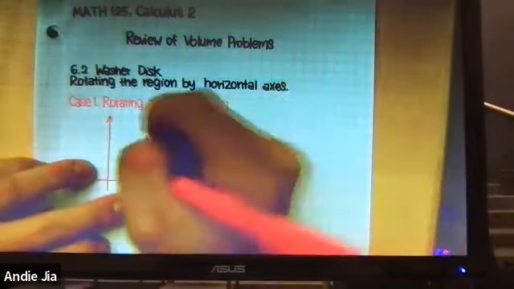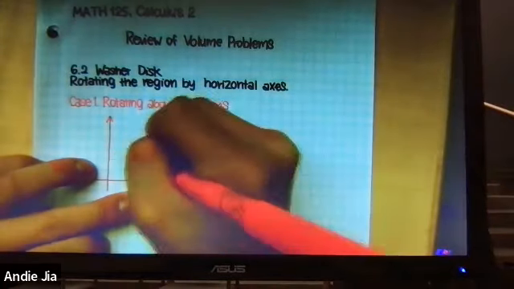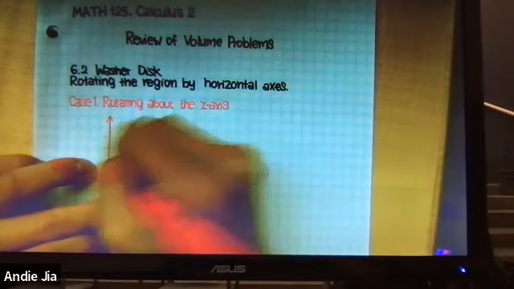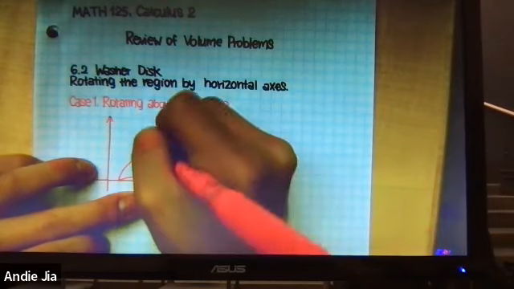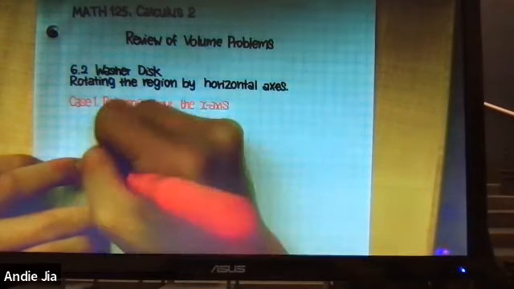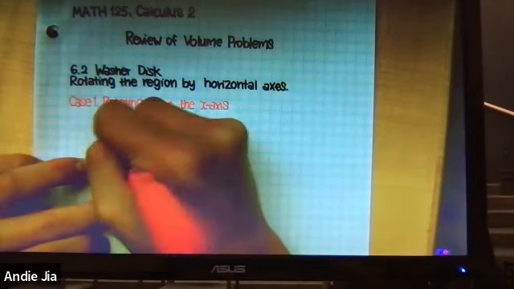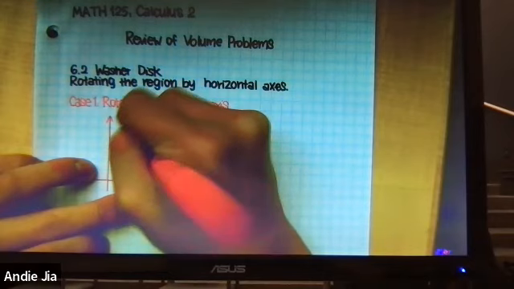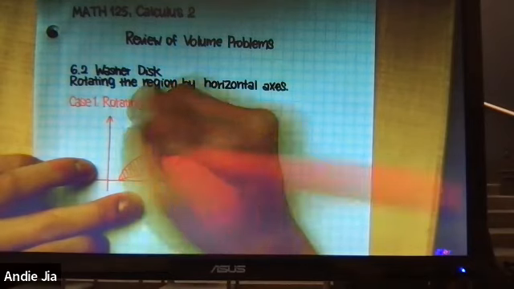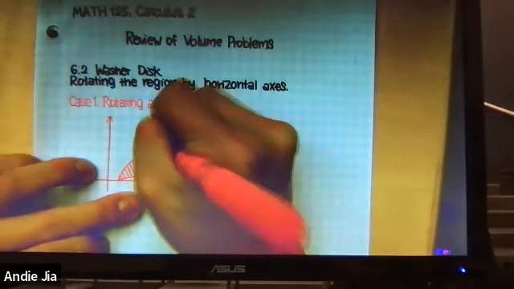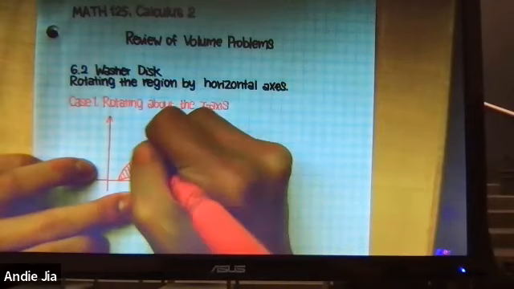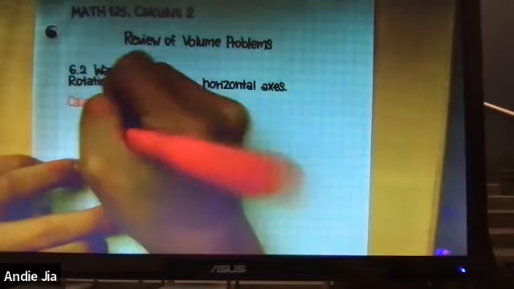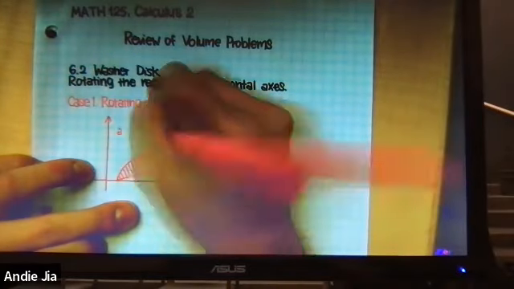So if you have perhaps one curve, and another curve is like this, you will get something like this. This is f of x, and this is g of x, from a to b. Perhaps this is a and this is b.